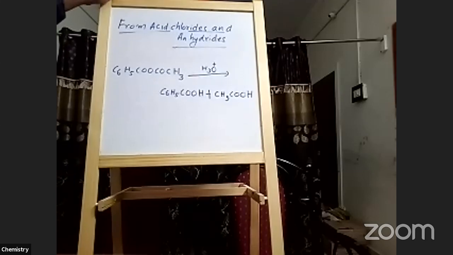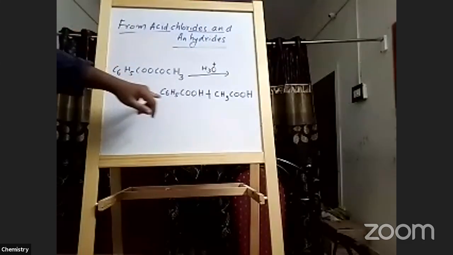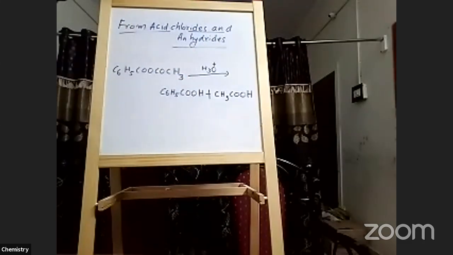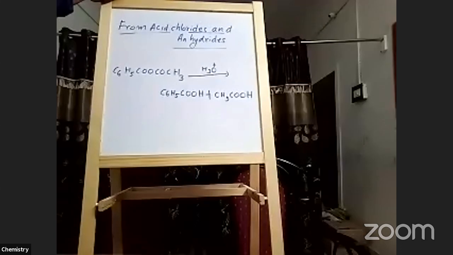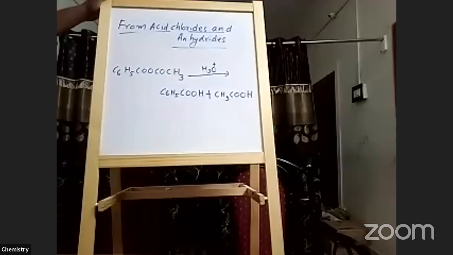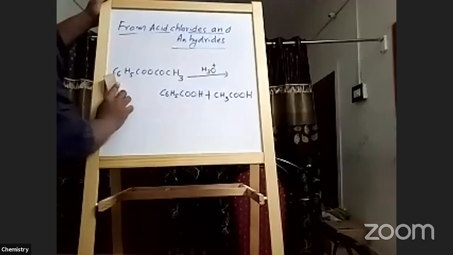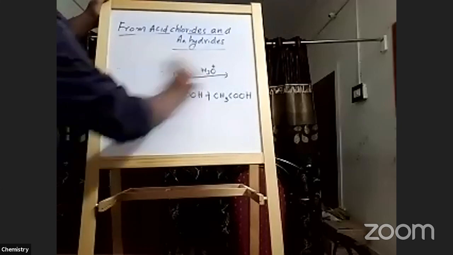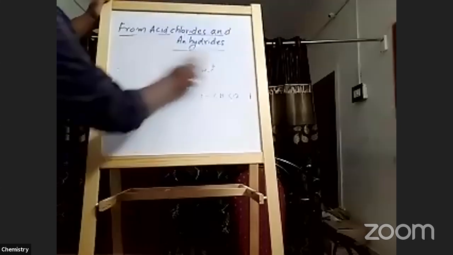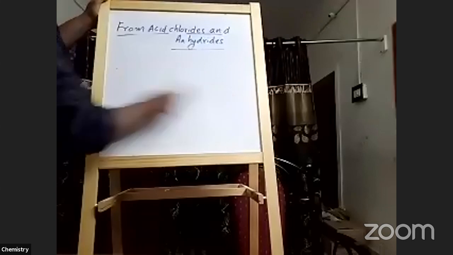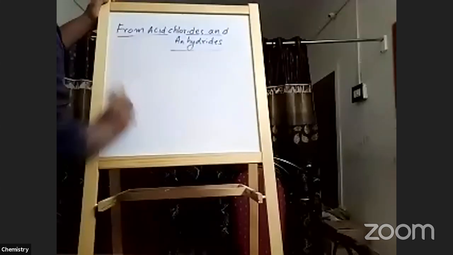If you take this anhydride, that is producing benzoic acid and what is that? Acetic acid. So this is the preparation of carboxylic acids from anhydrides and acid chlorides. Next, preparation of carboxylic acids from esters.